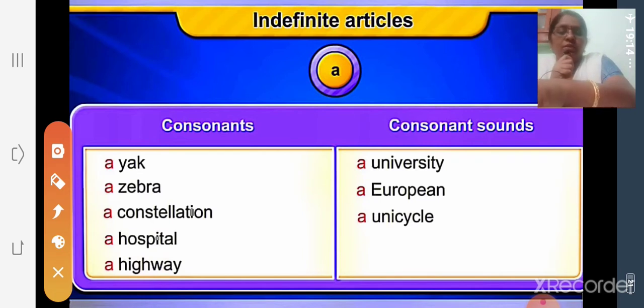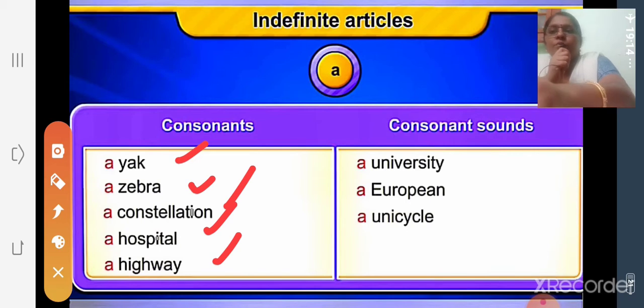Here: a yak, a zebra, a constellation, a hospital, a highway. All these words begin with consonants, isn't it? Y, Z, C, H, H, etc. That is why we use a here.